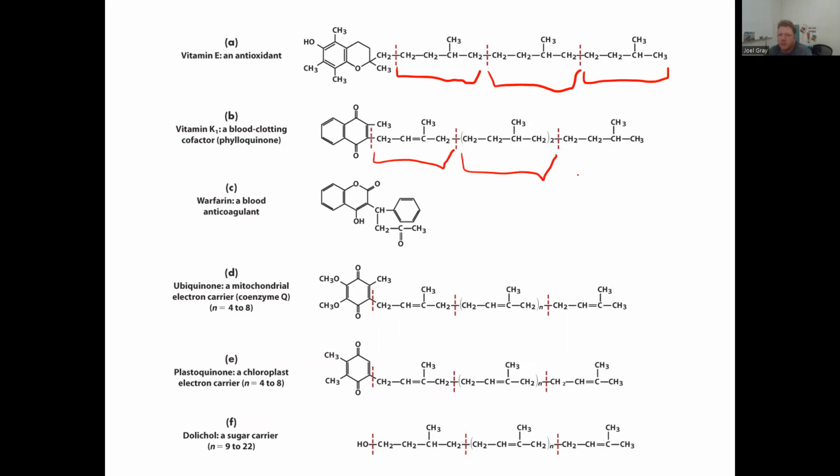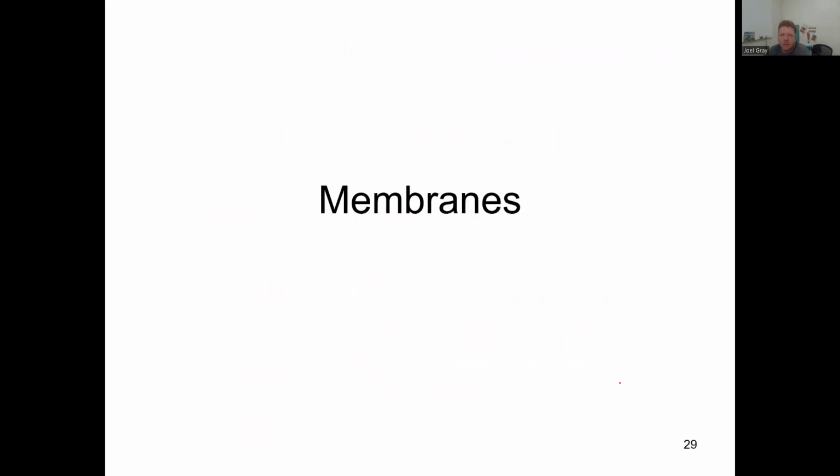These can be repeated over and over again. What they're going to do is give a molecule an ability to move electrons around and absorb light. So at any rate, those isoprene units are big components of lipids and your vitamins.